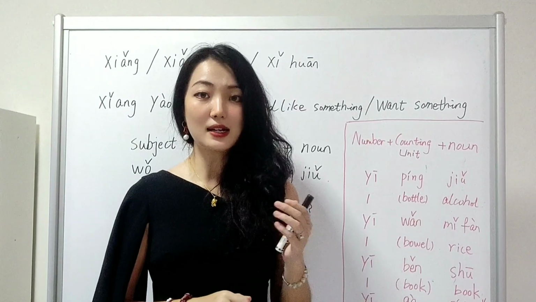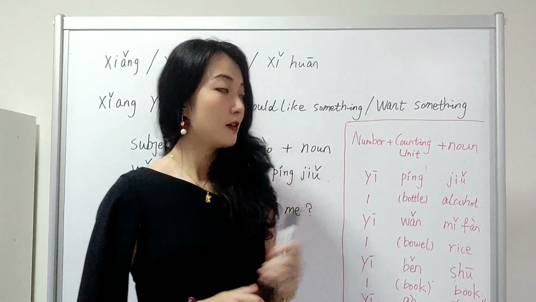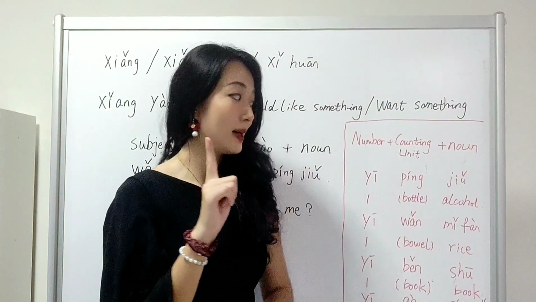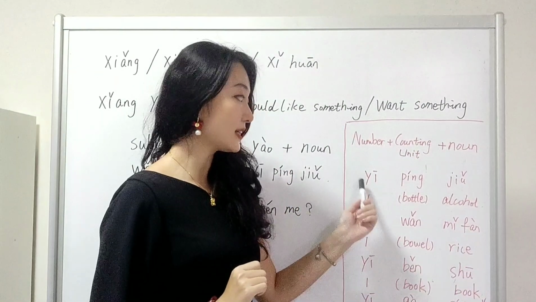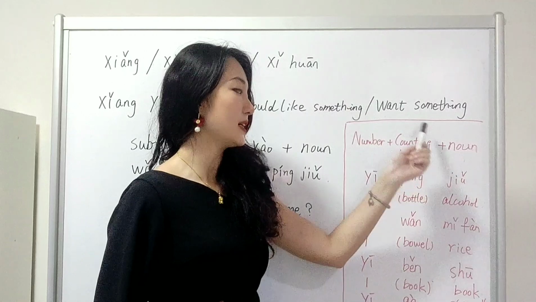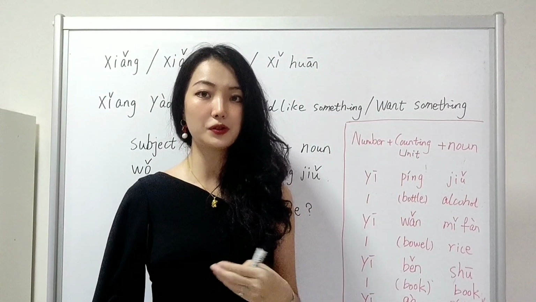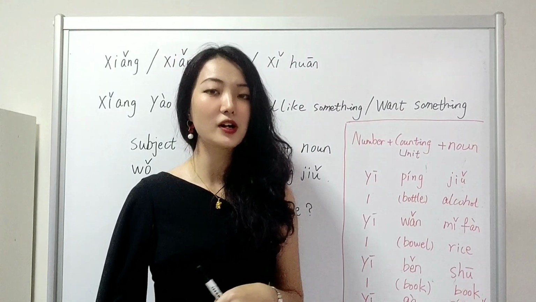However, in Chinese, that's a little bit different. First, the number comes first. For example, 1 is 一 plus a counting unit. This is a new concept if you haven't learned Chinese before.